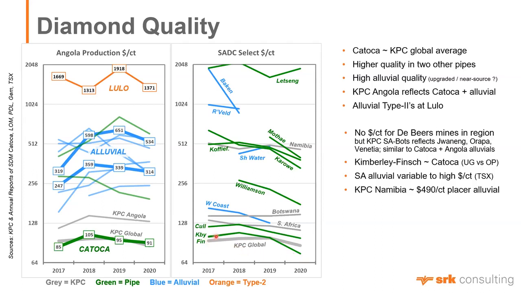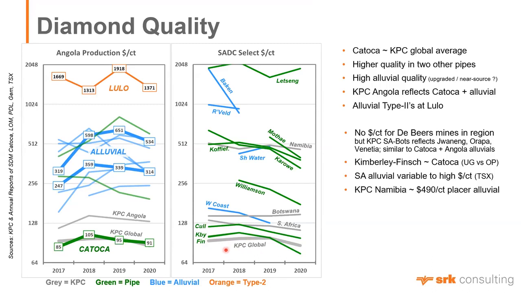But the price point they've been getting out of Kimberley and Finsch has been very similar to what they're getting out of Catoca over these years. And I don't think a lot of people realize that this is the actual situation with diamond prices for these two primary producers in Southern Africa.